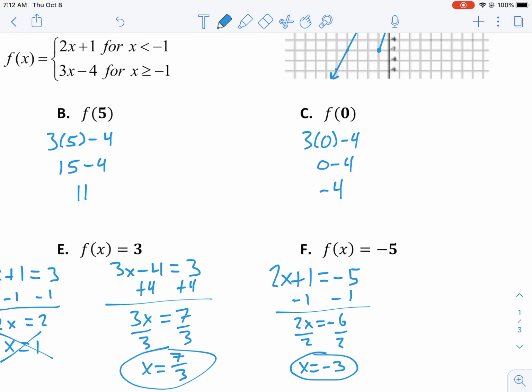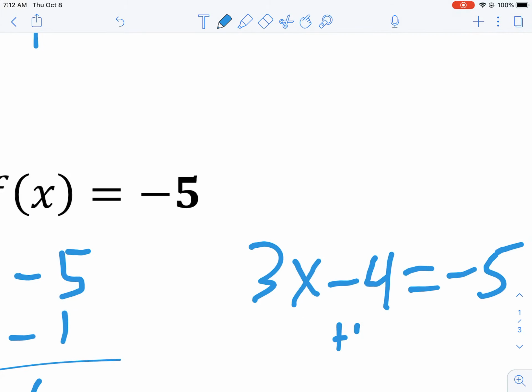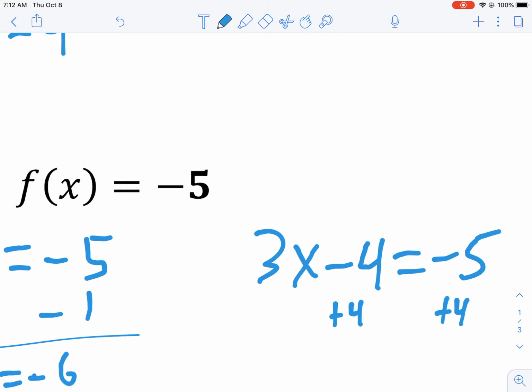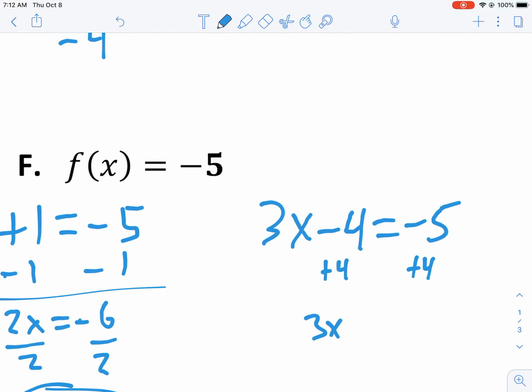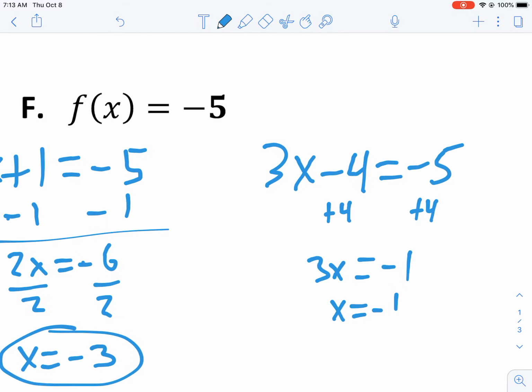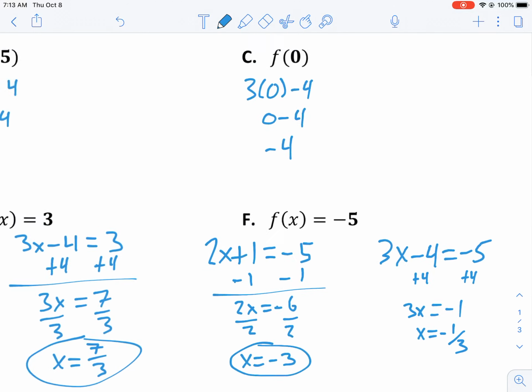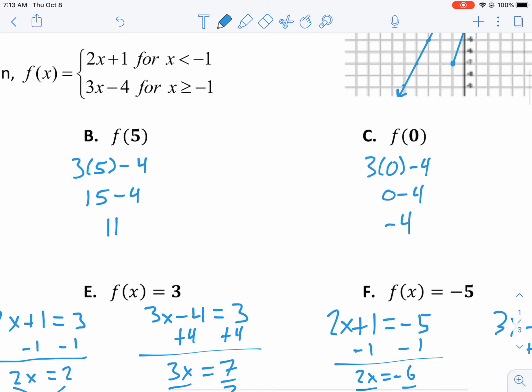We can do the same thing here. 3x minus 4 equals -5. We can add 4 to both sides. 3x equals -1, so x equals -1/3. Does that work? Is -1/3 greater than -1?